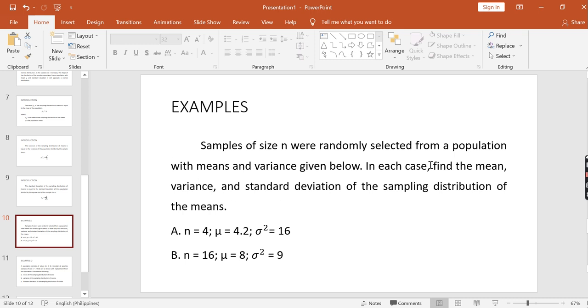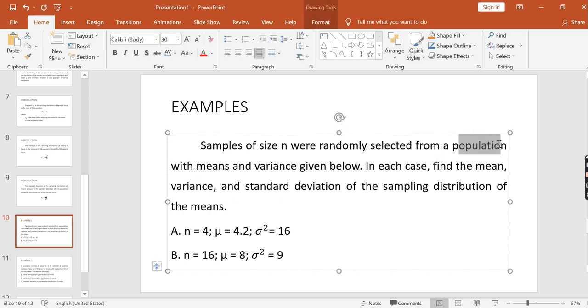Remember, if you have given data from the population, specifically the population mean and population variance, you are able to find the mean and variance of the sampling distribution by using the data from the population. Take note of the givens as well as the symbols used.